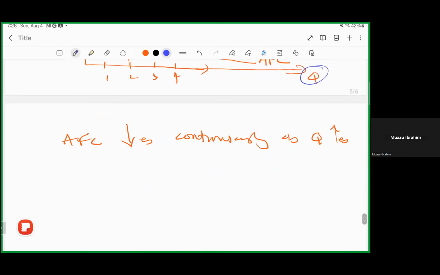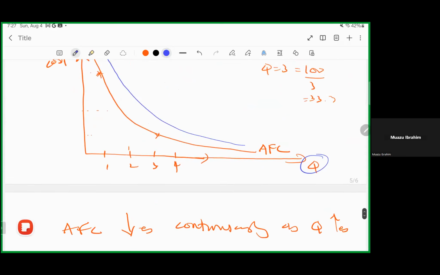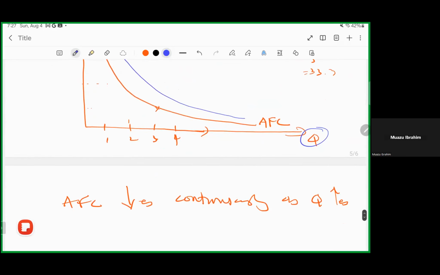If something falls continuously but does not touch the output axis, we say it's behaving in what shape? Who can tell me and take 5 marks free? It falls continuously as output increases, but will never touch the output axis.